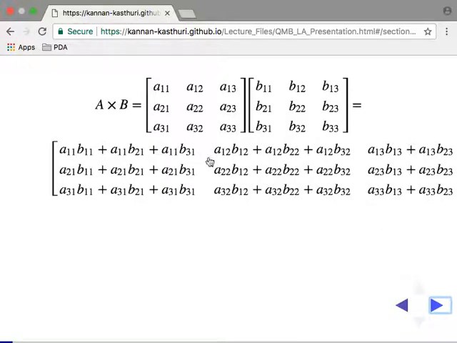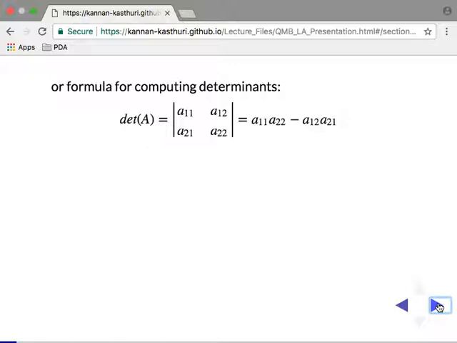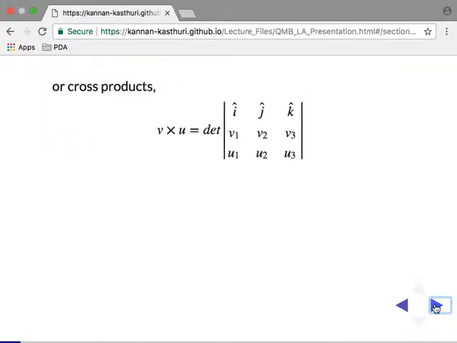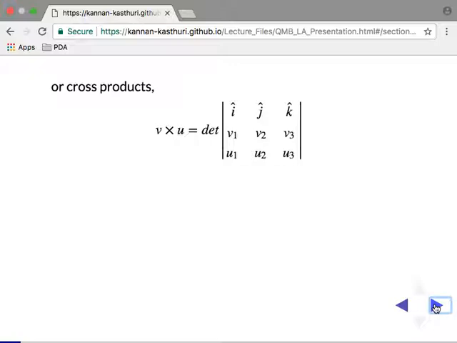You have two matrices A and B, you multiply them, A11, B11, and so many difficult computations. Or the formula for determinants: you have a determinant with a11, a12, and they say the determinant of A is computed by taking the product of the diagonals and subtracting the product of the off-diagonals. Or cross products, for instance.